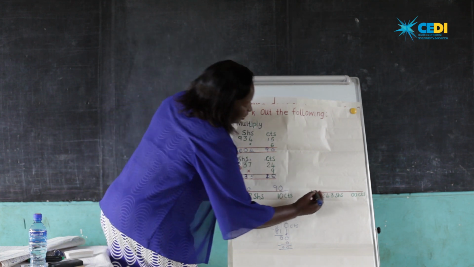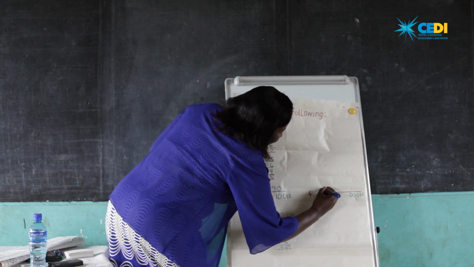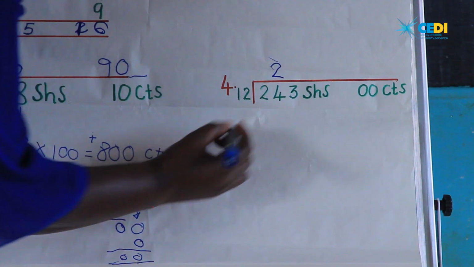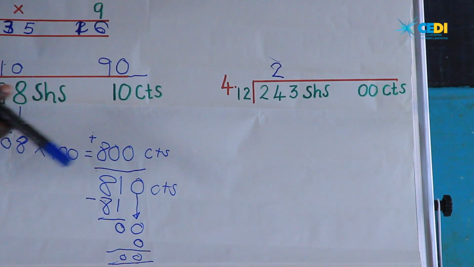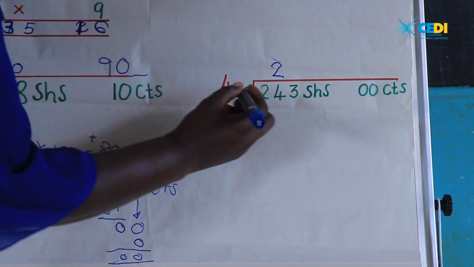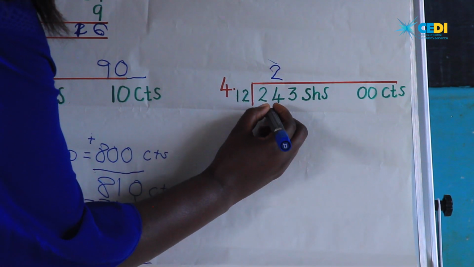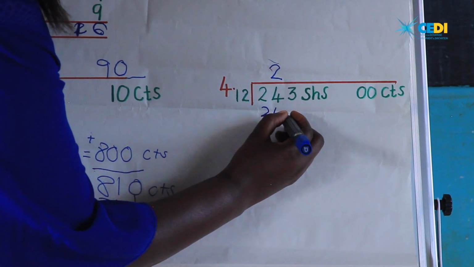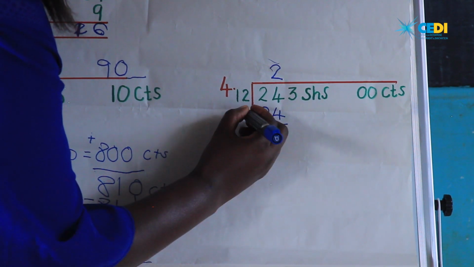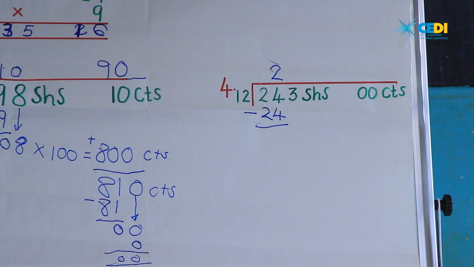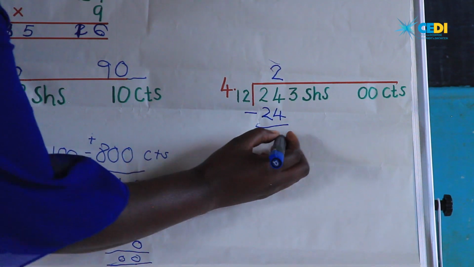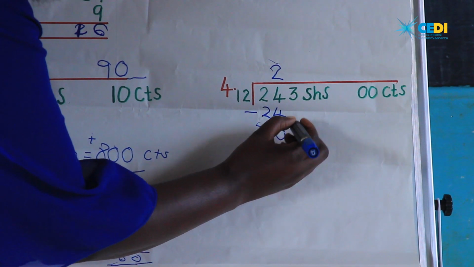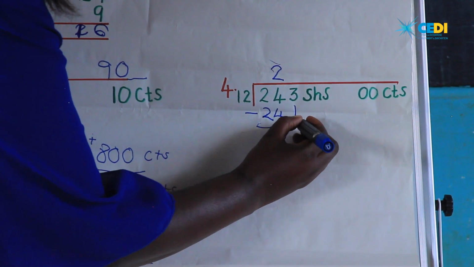How much will you give? You will give 2 shillings. When I give 2 shillings, it means that 2 times 12 is equal to 24. You subtract 24 minus 24, you will get 0. You drop down 3.